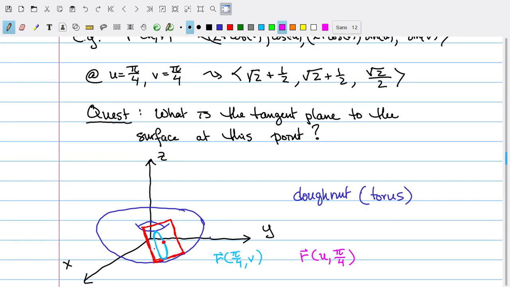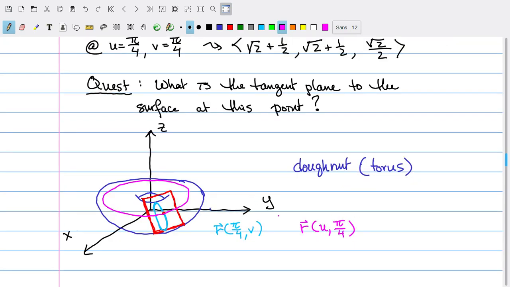So in that case, what I'm ending up doing is I'm following my surface, passing through this point, and going around in a fun little circle like this.